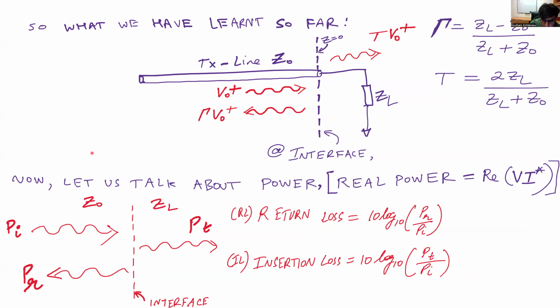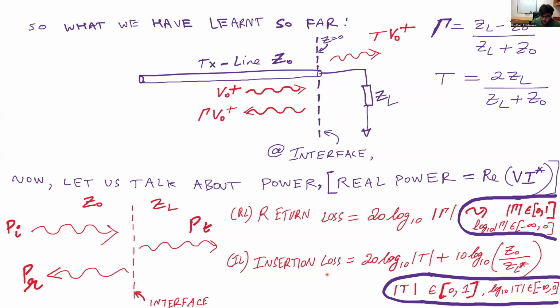So we say that the return loss is 10 times log to the base 10 of the reflected power over the incident power, and the insertion loss is 10 times log to the base 10 of the transmitted power over the incident power. This creates a comparison between how much power is reflected versus incident, or how much power is transmitted versus incident, in the dB scale.